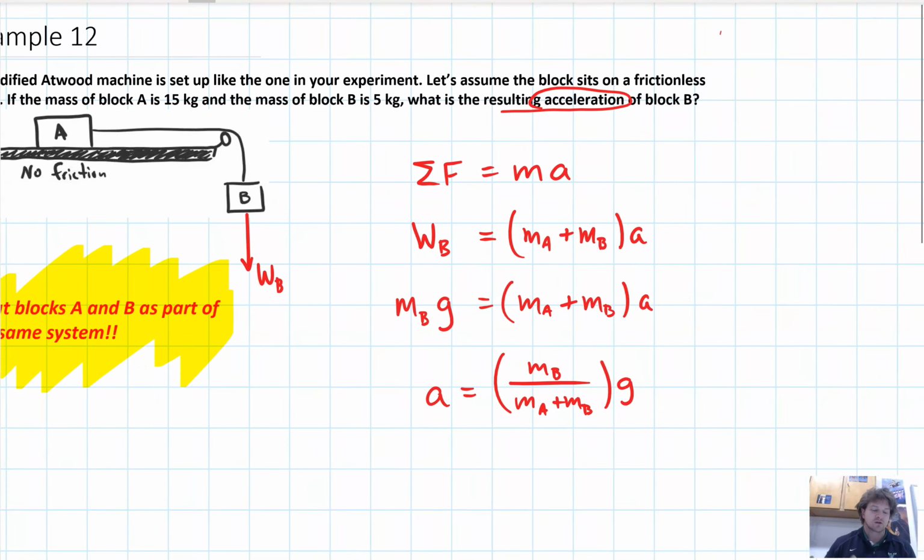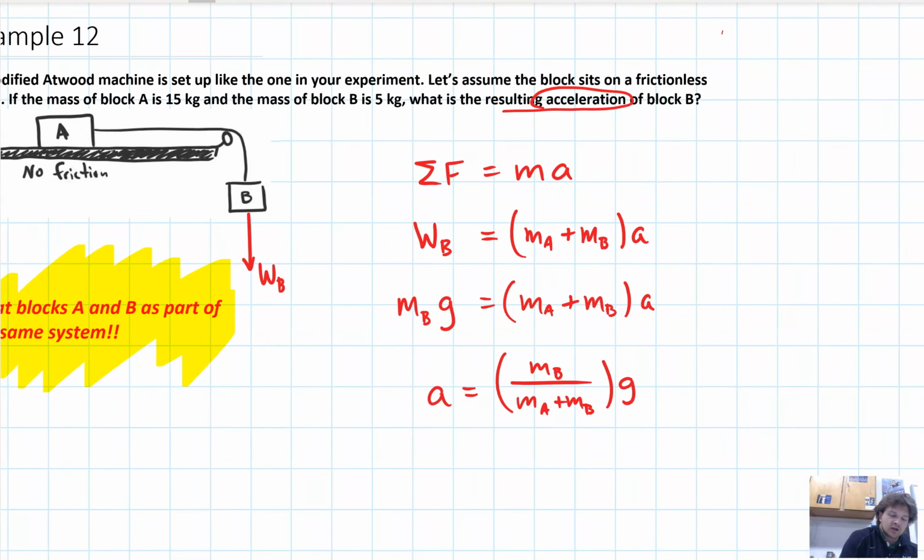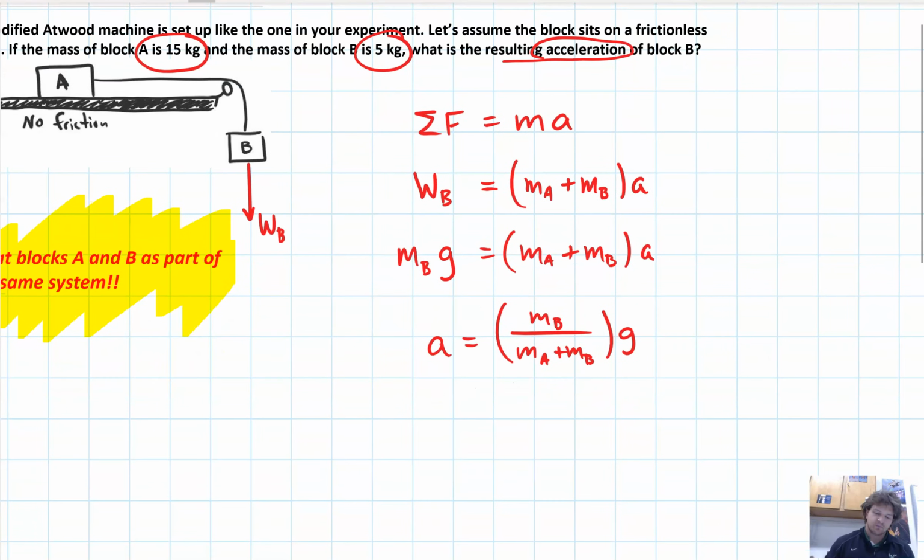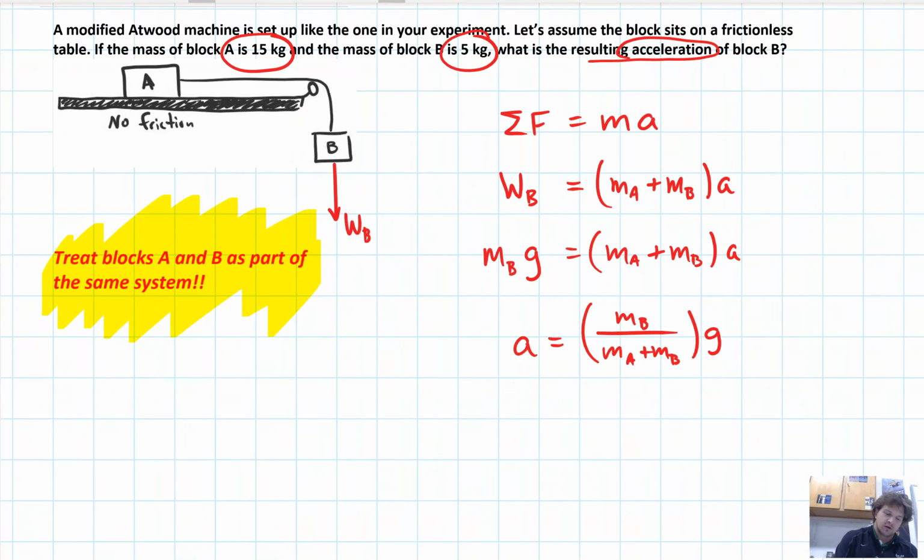Okay, and it makes kind of your numbers easier to plug in here in a second, which you'll see. So if I want to now solve for this, because I actually know what the masses of my two blocks are, well, when I plug in my numbers, we get acceleration equal to mass of block B is 5, A and B together is 20 kilograms, and then the pull of gravity on planet Earth is always 10 newtons for every kilogram.